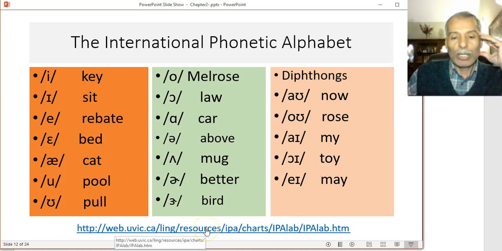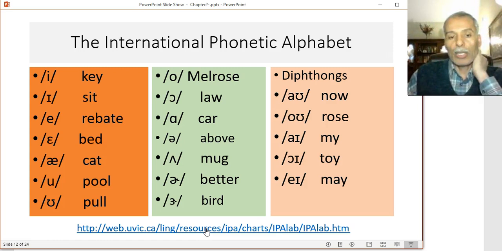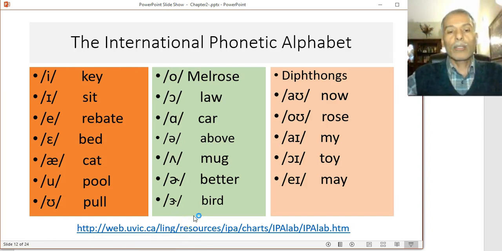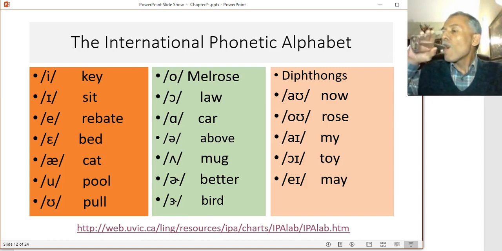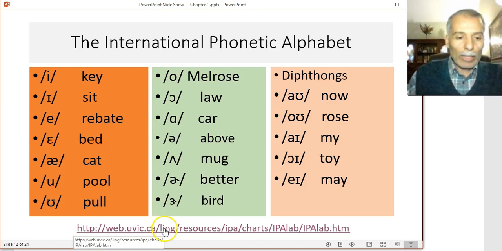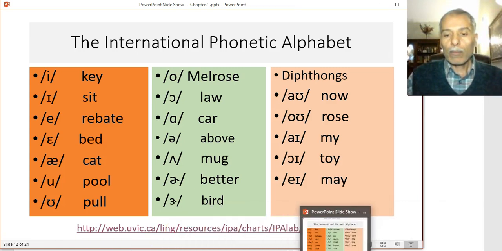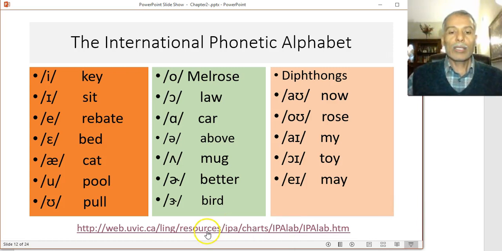I want to show you this, just to have a feel, and I hope that you go and practice with it. It can open. And that is the phonetic alphabet chart. You can click on particular sounds, and you will see how you are going to say these sounds.